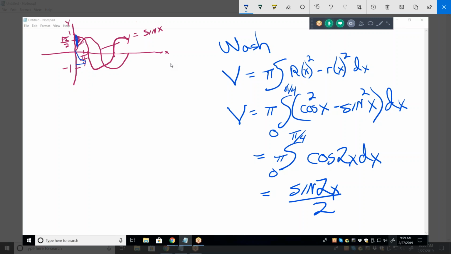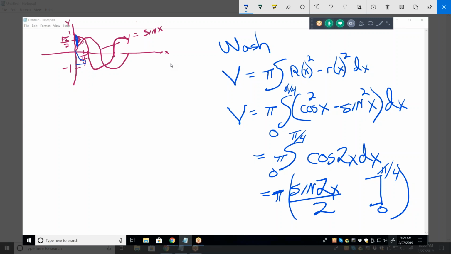It's always easy to check, because if you take the derivative of sine 2x over 2, you get cosine 2x. We're going to evaluate that from 0 to pi over 4. And don't forget our leading pi. It's easy to forget when you take the constants or pi out of the integral sign.